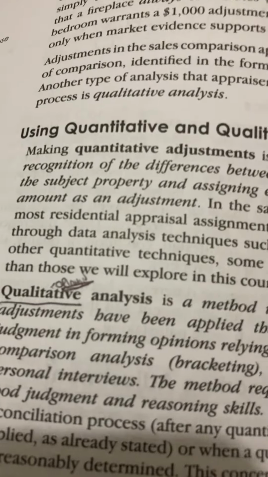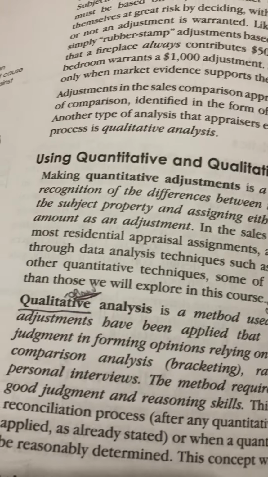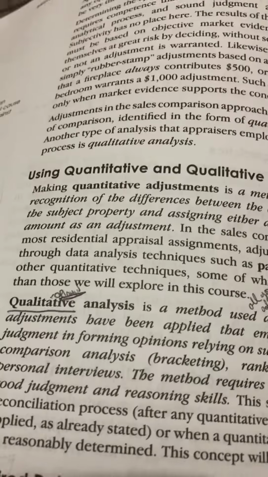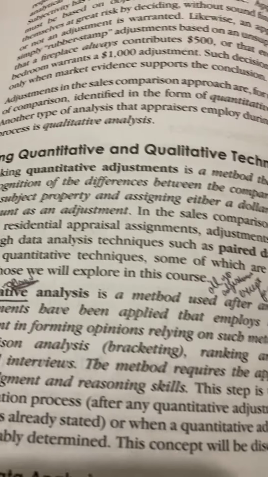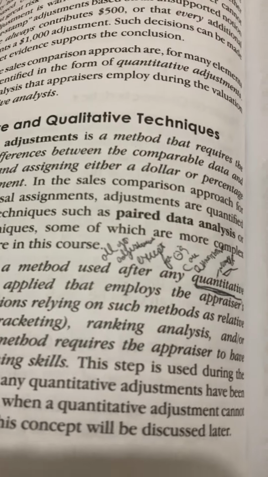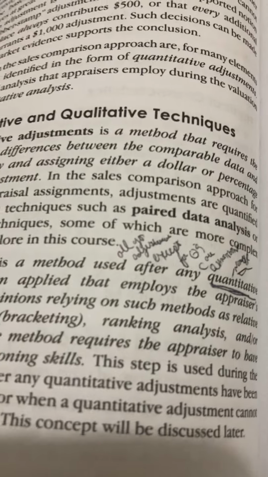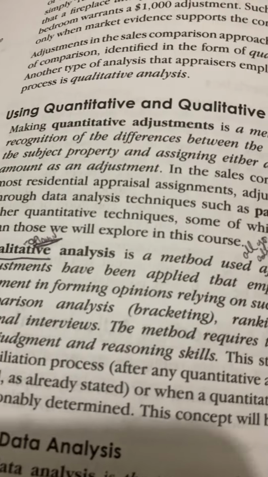Qualitative analysis is a method used after any quantitative adjustments have been applied that employs the appraiser's judgment in forming opinions, relying on such methods as relative comparison analysis, bracketing, ranking analysis, and personal interviews.